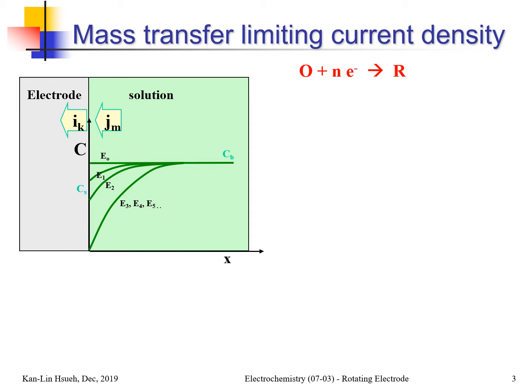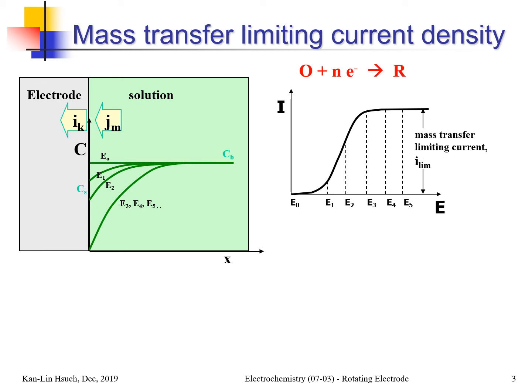But when we step the electrode potential from 0 to E1, E2, E3, and E4, the behavior of the concentration profile is shown by this diagram. And then if you plot the current against the voltage, you end up with this curve. At 0 here, nothing happens.